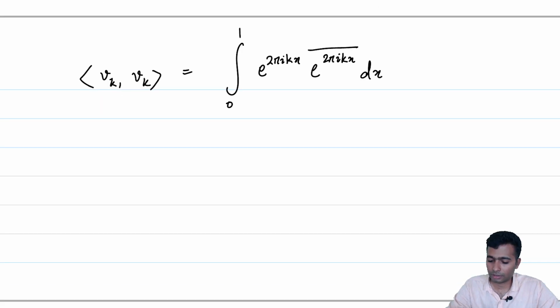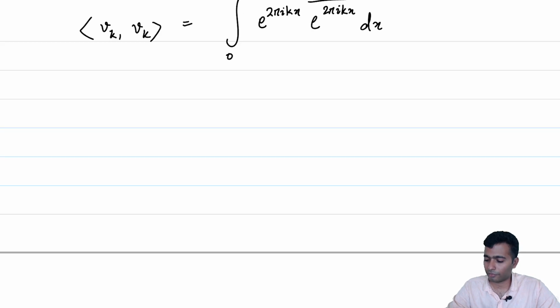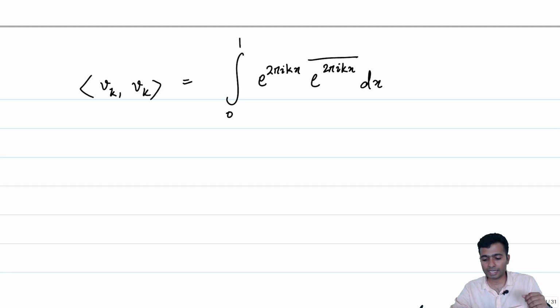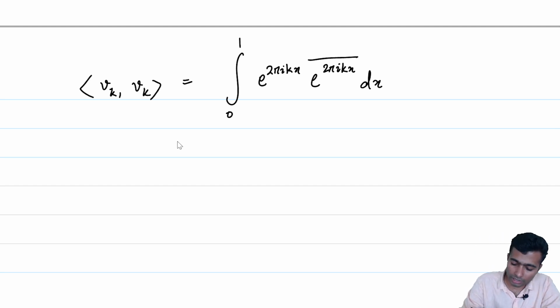But then what is the bar? If you go back, this is just cos 2 pi k x plus i times sin 2 pi k x, which will turn out to be, I'll leave it to you to check, that this is the integral from 0 to 1 of e to the power 2 pi i k x times e to the power minus 2 pi i k x dx.